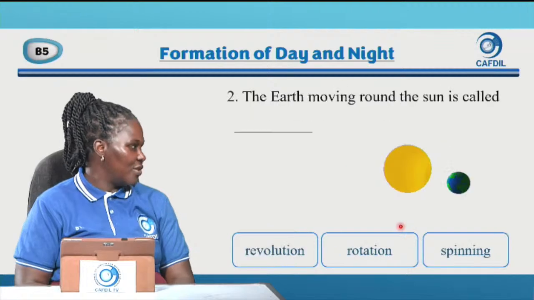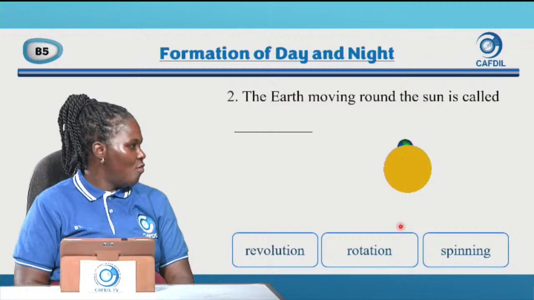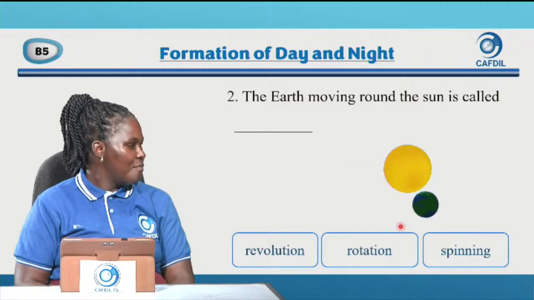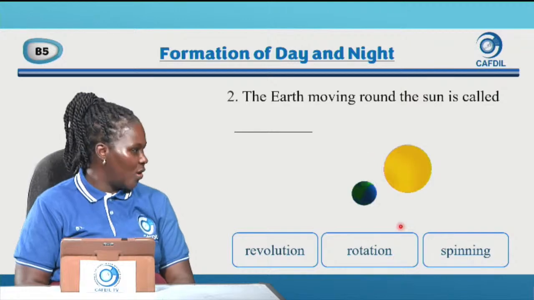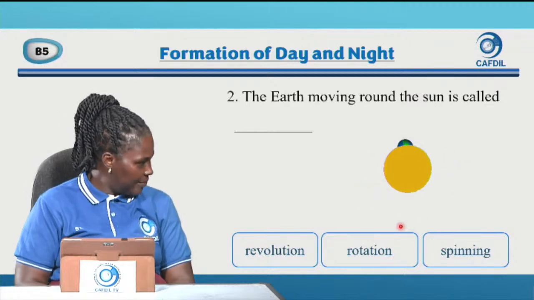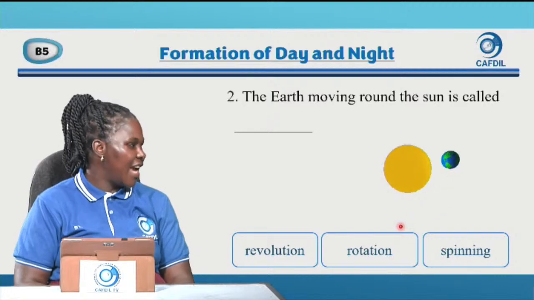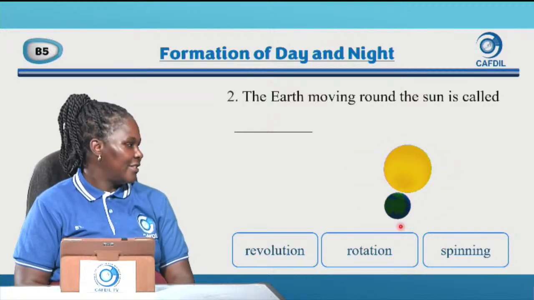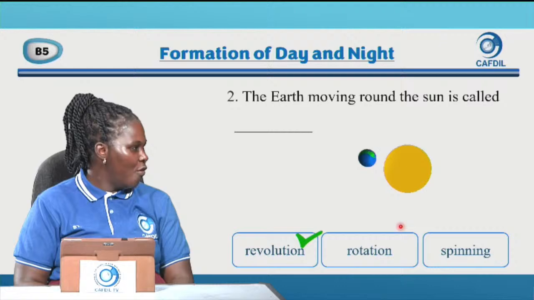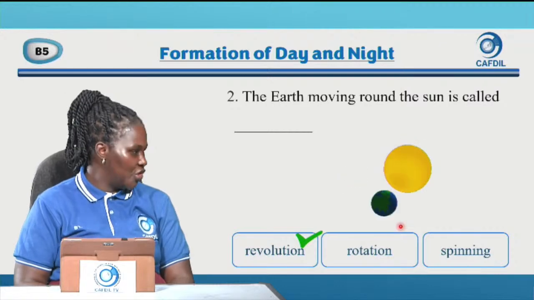Good. Question number 2. The earth moving round the sun is called. We have revolution, we have rotation, and spinning. Now, which one is the answer? Moving round the sun is called revolution.